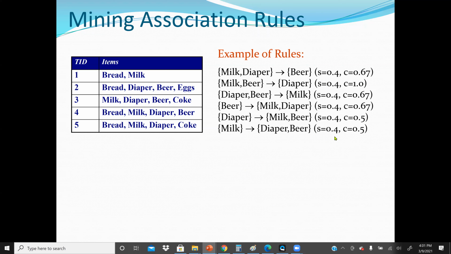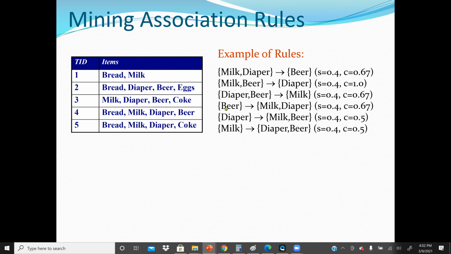Support will always be the same because support is the fraction of transactions that contain the item set. So it is always milk, diaper, beer. Even if we change the positions, it's still the same 3 items, so the support will be the same. Confidence will change because the antecedent values may change.